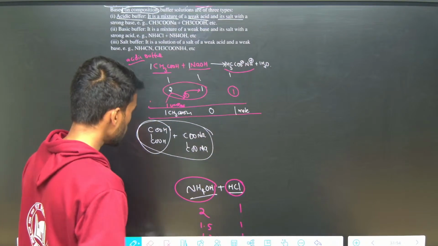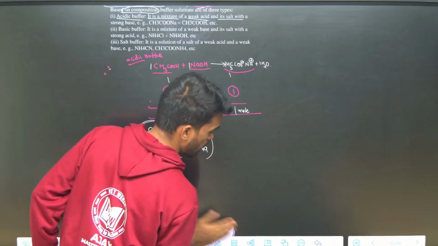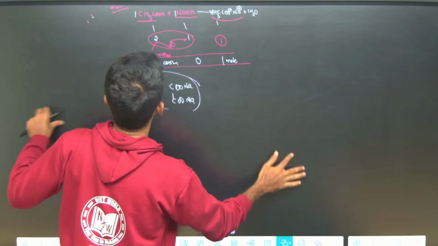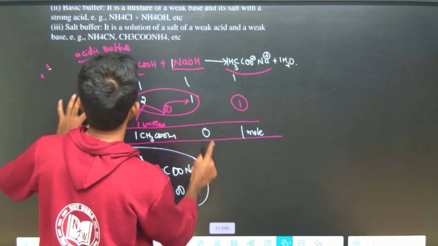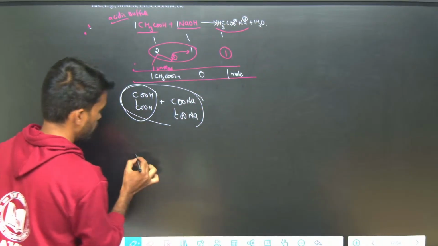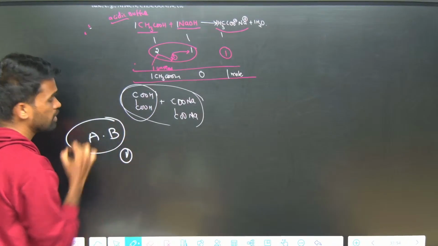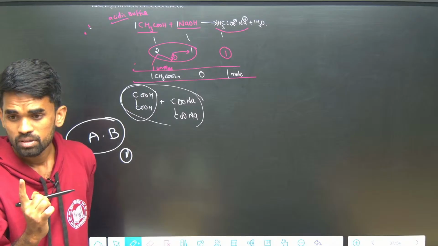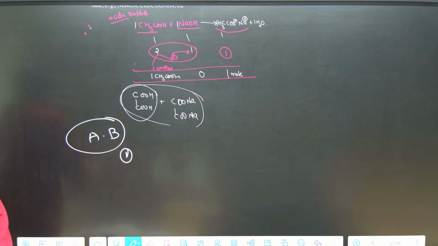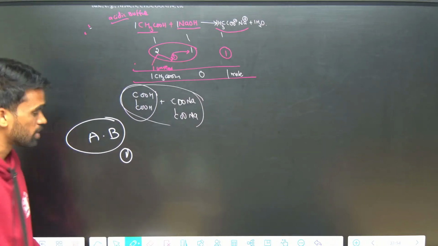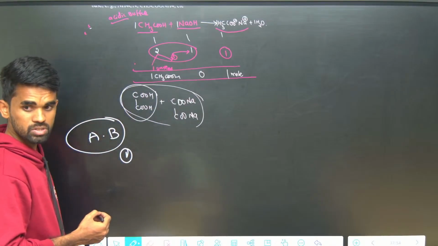Next, now understanding the formula for the pH of this. In the acidic buffer, first of all we will study the acidic buffer. What is its combination once again? Acidic buffer is a weak acid plus the salt of the weak acid with a strong base.